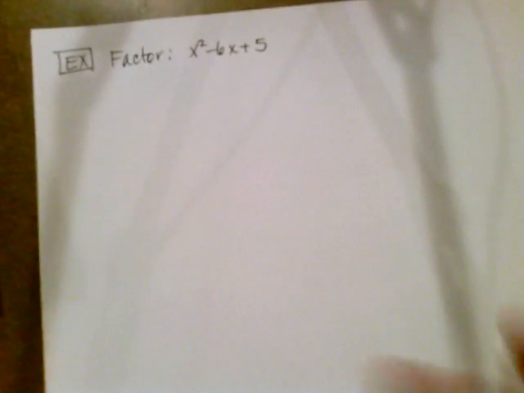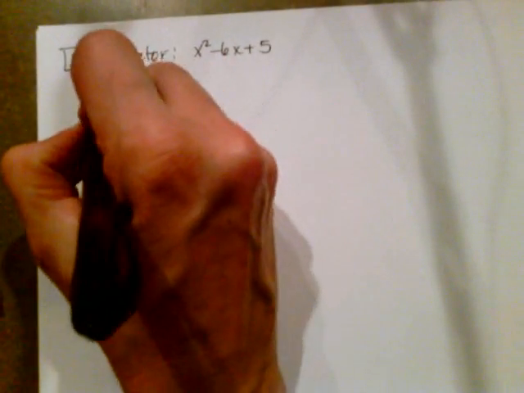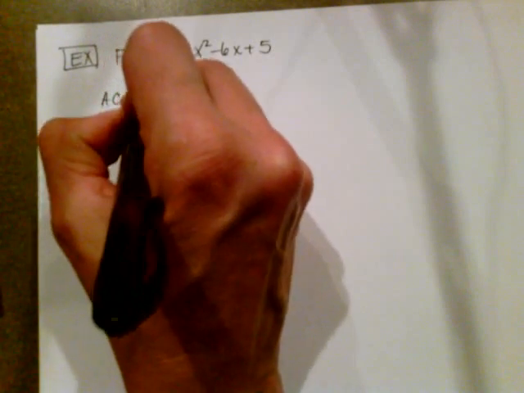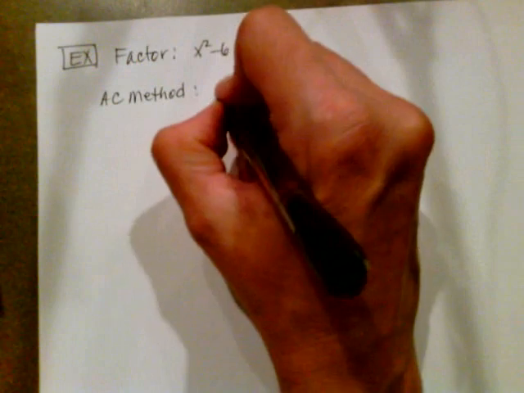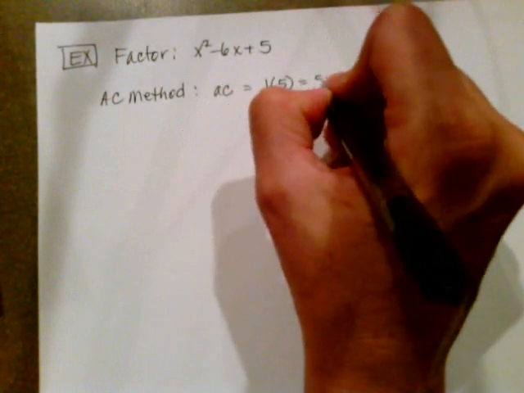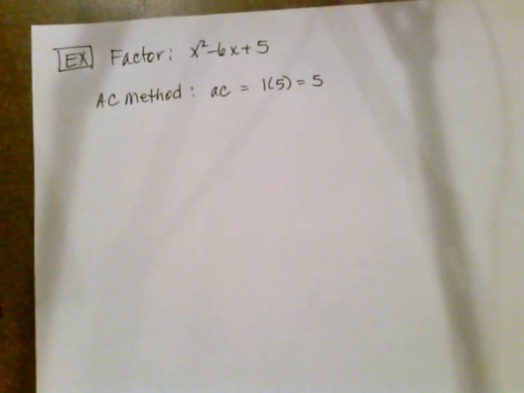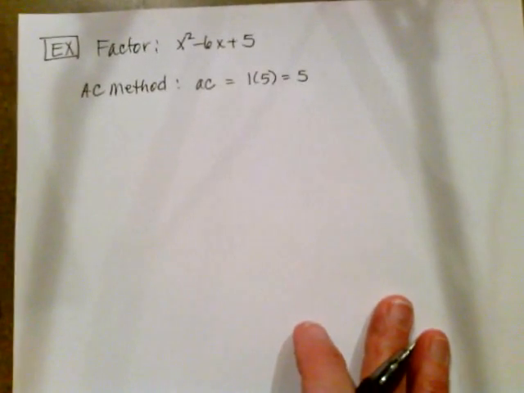I am going to do it with the AC method, just to make sure that you understand how it works. So the first thing is to multiply A and C, so it's going to be 1 times 5, which is 5. So now I need to find the factors of 5 that give me the middle term.